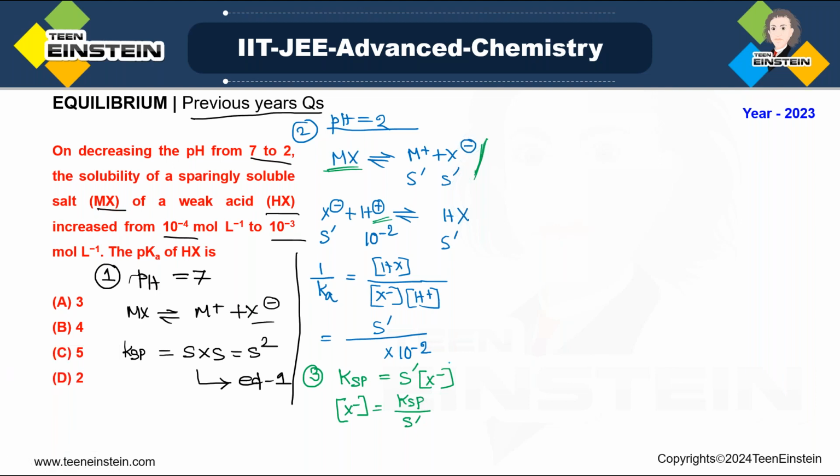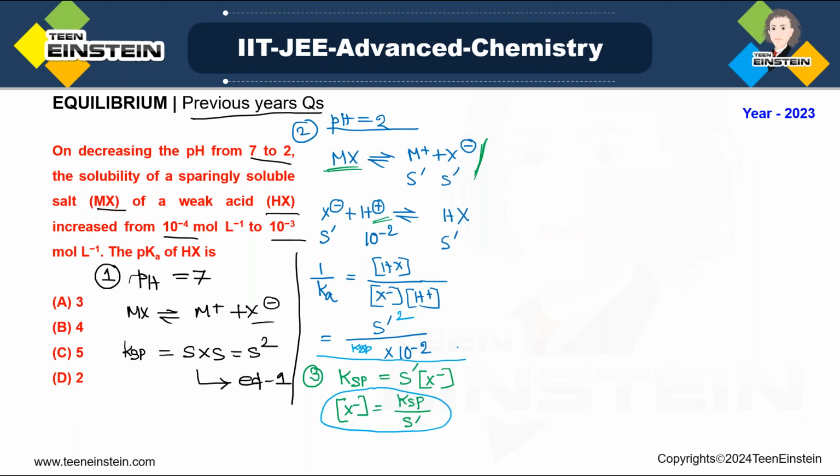Now if this is the third part, this value I will put here. So I will write it here, Ksp divided by S prime. So this is the value of 1 by K, that is equal to S prime square divided by Ksp into 10 to the power minus 2.